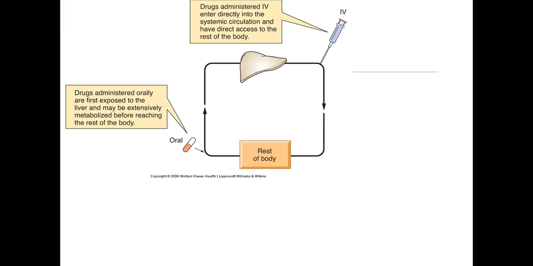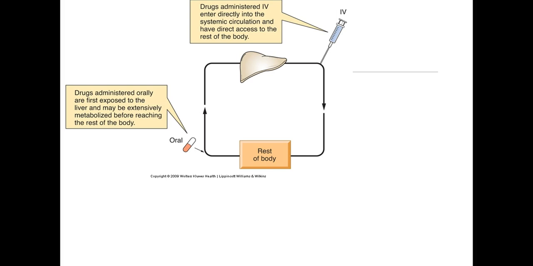This picture is just showing, again, so if it's given as an IV, I don't know how to make my little red light show. It goes directly into the circulation and goes around to your site of action before it's metabolized generally.